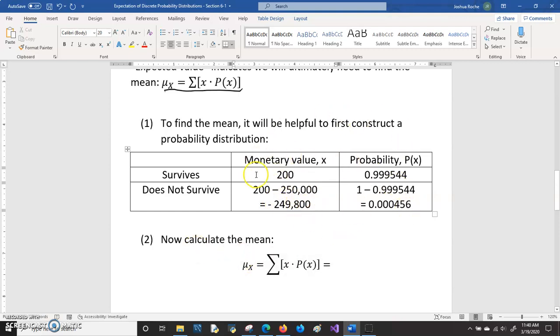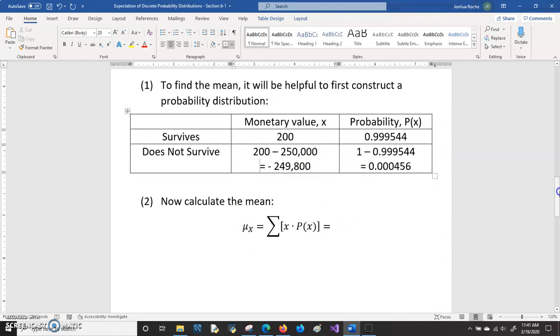So now this is filled out, we have this information, and the last thing is to calculate the mean.